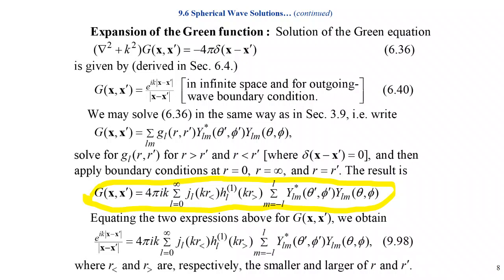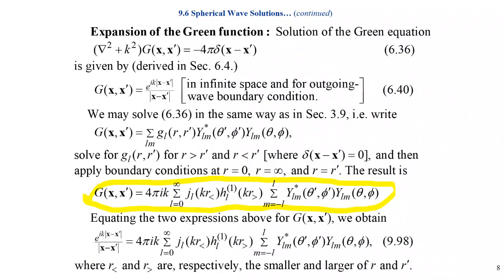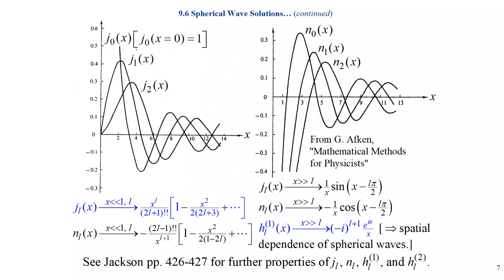And when r is very small, r smaller than r prime, this one gives us 0. Really? Yes, 0. And when r is greater than r prime, that's the source term, this one very, very large. So we have another one. For r greater, we have the Hankel function of the first kind. No matter how, this one will become very large.